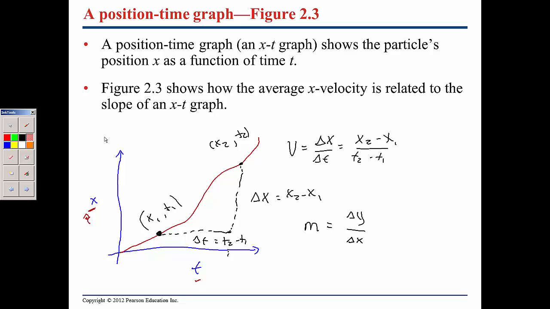But in this case, along the y-axis I actually have my x, and along the x-axis I have my time. So this is also the change in position divided by the change in time. So the slope of the position versus time graph is also the velocity, the average velocity.